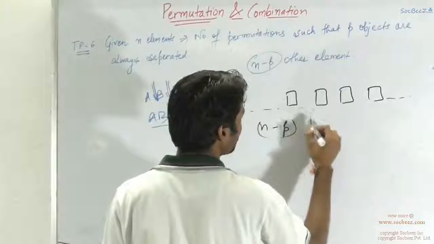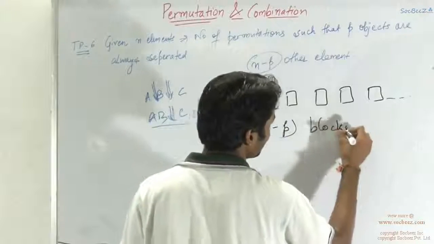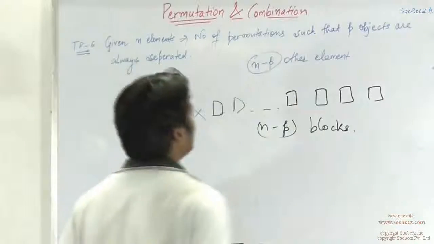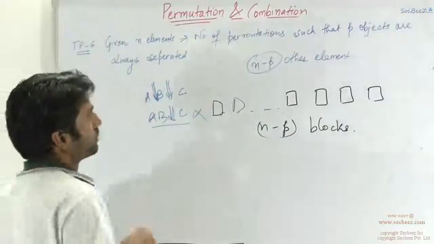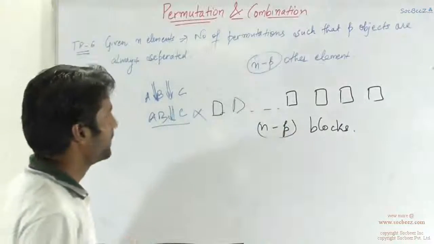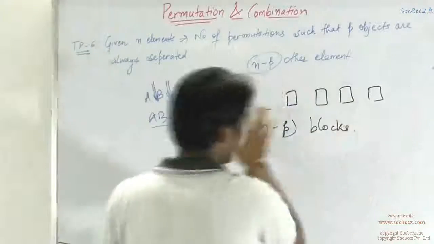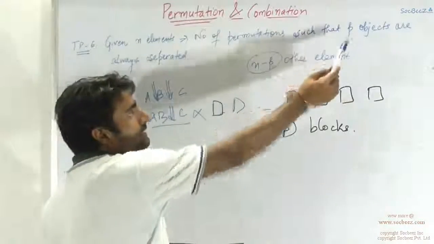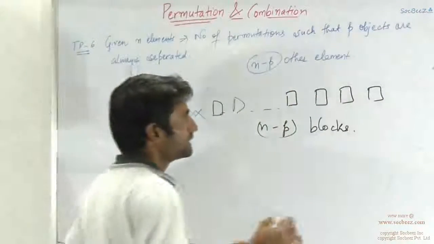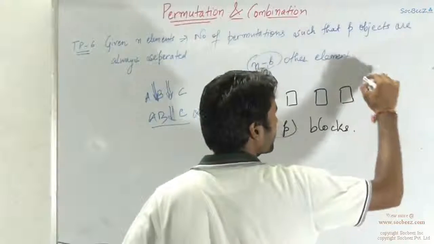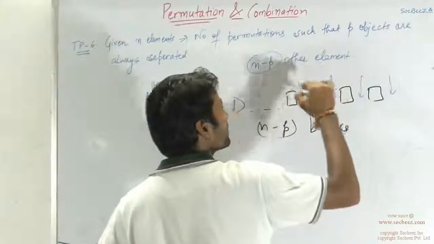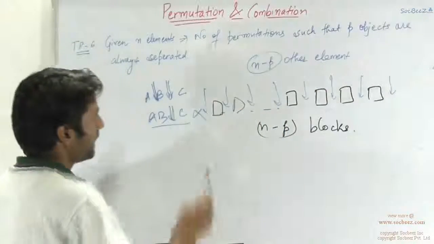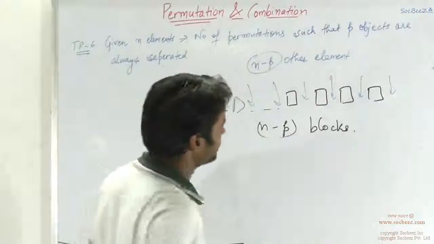Now what I am saying is to place these p elements which want to be separated. These are the places for the n minus p other elements, the n minus p blocks. For these p elements that want to be separated, I say either they can be over here, over here, over here, similarly like this. They can be in between any of these elements.